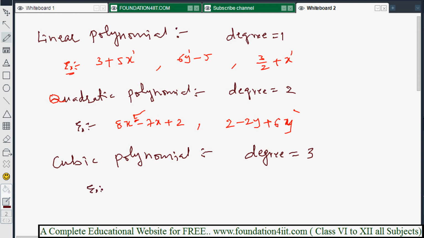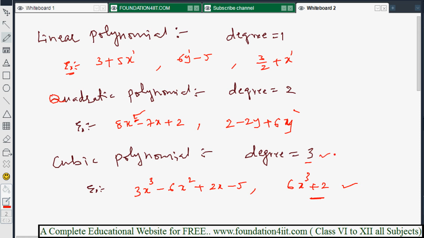So we can write an example for that: 3x cube minus 6x square plus 2x minus 5. Otherwise, only 6x cube plus 2. This is also a cubic polynomial. Don't see the number of terms. The degree must be 3, then it's a cubic polynomial.